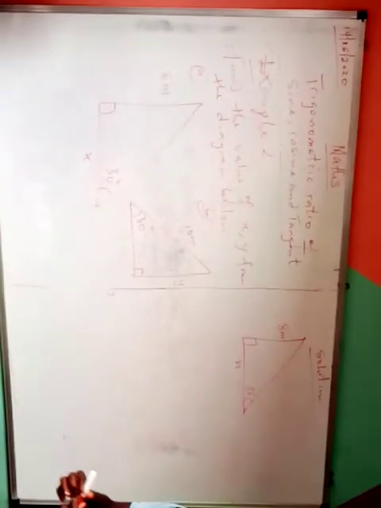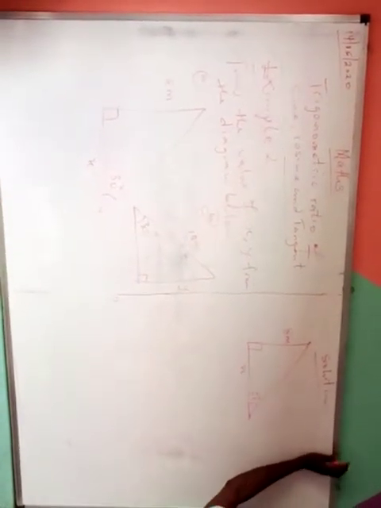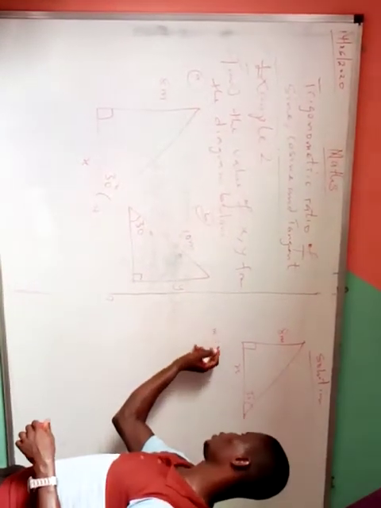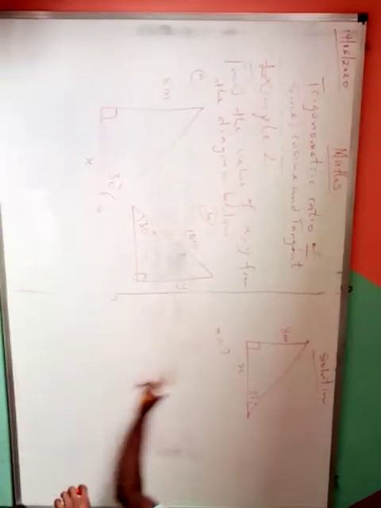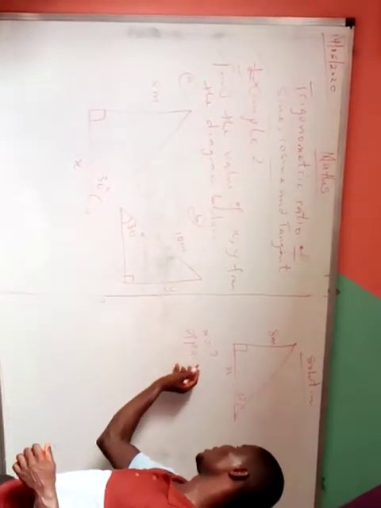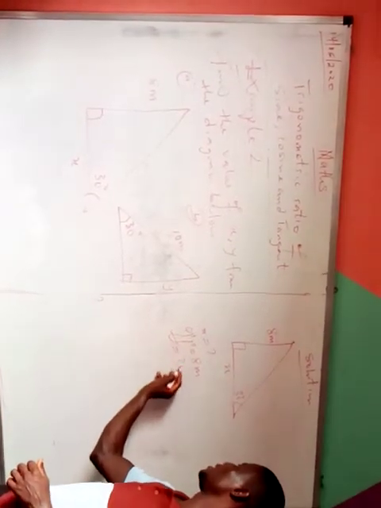Now you look at what are the given terms and unknown terms. Our unknown here is x. The given, we are given the opposite. Opposite is given to us to be 8 meter. Angle theta is given to us here to be 30 degree.